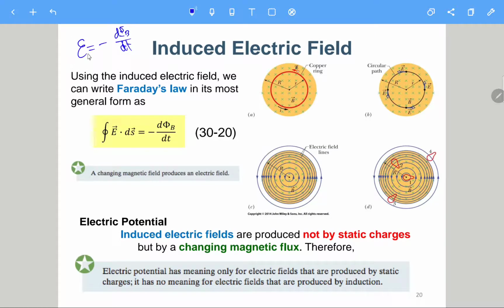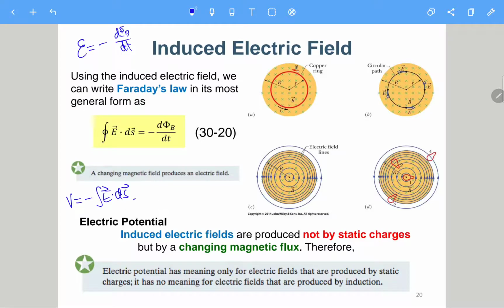Now we replace this E by the more general form, this line integral. In chapter 24, when you learned electric potential, it was V equals minus integral of E dot ds.